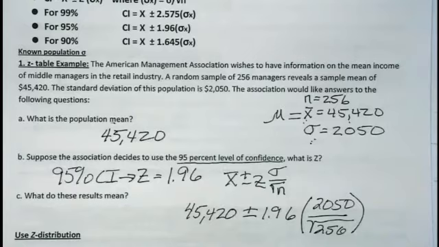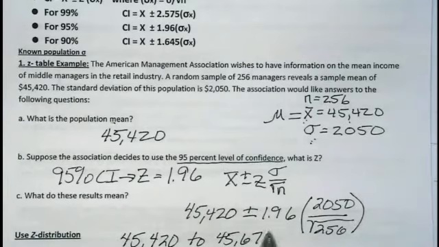When we do this calculation, don't forget to add this to the mean and subtract this from the mean. So you're going to get two answers. Well, if you do it correctly, you're going to get 45,420 to 45,671. What does that mean? I say, what do these results mean?